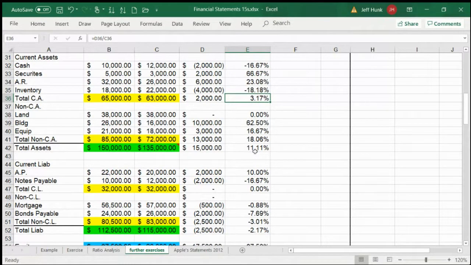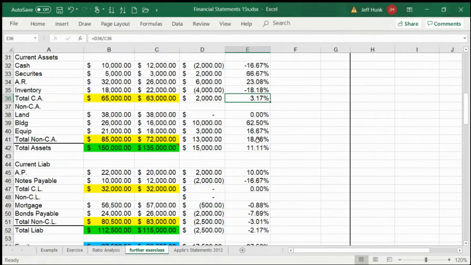That means your company's size increased by 11.11%, which means when your company's size increases, what does that mean? Total non-current assets increased by almost 20%. What does that mean? If this is all plant and equipment, right?